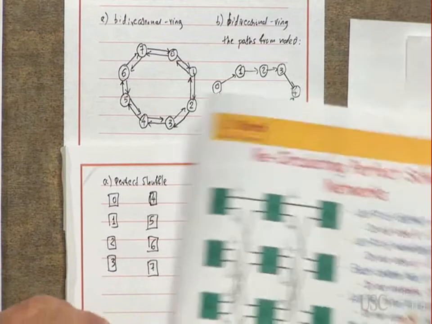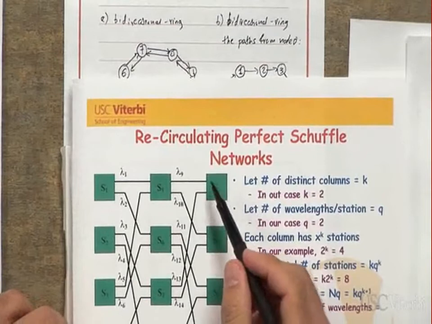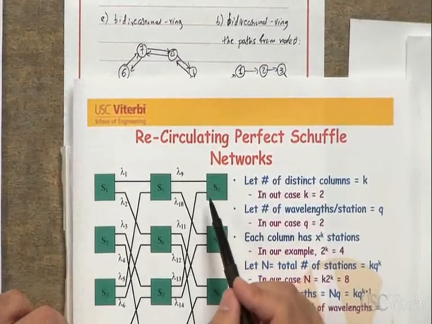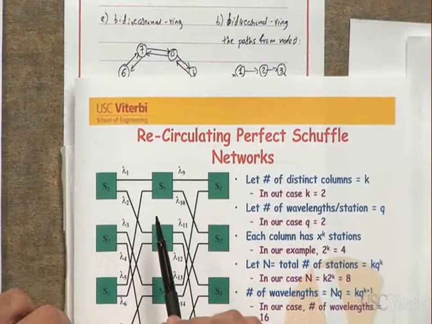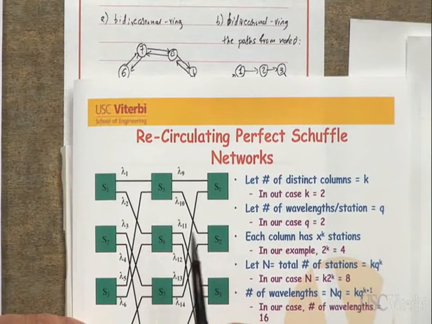And then we have circulation in this case. We will see how we can achieve that. This is achieved through a bus. Okay?